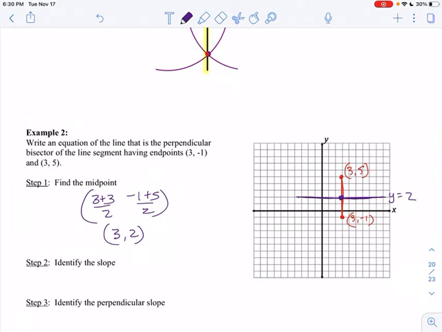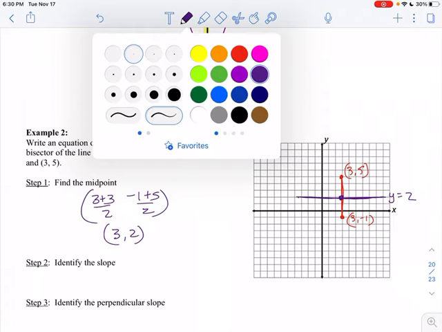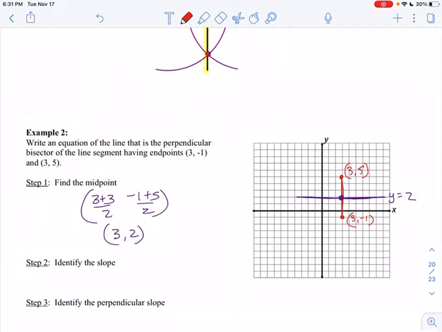And then it's got to be perpendicular to that. So the next step is to find the slope of the original line. My original line, which had the points (3, -1) and (3, 5), I'm going to find the slope. So it's going to be y minus y over x minus x, 5 minus -1.